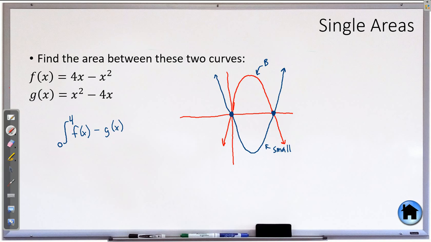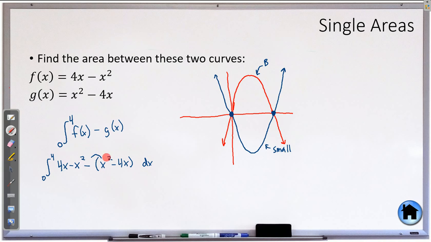And so you can do this as two different integrals or as one. I think doing it as one is easier in this case. So the integral from 0 to 4 of f, which is 4x minus x squared, minus, now don't forget parentheses here, x squared minus 4x. And then we can combine like terms.